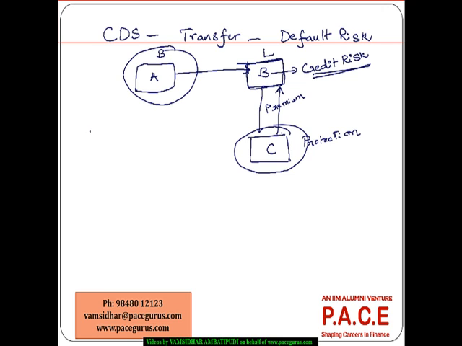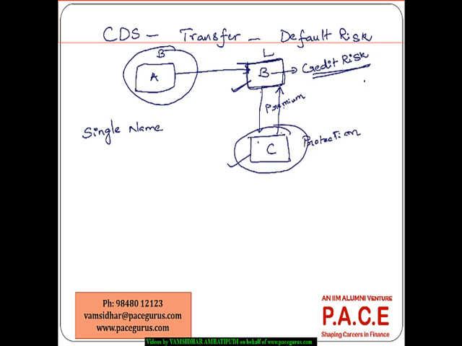And here we have two major varieties. One we call a single name CDS, where the protection buyer, here B, is called a protection buyer, and C is called a protection seller. He is paying a premium, right?